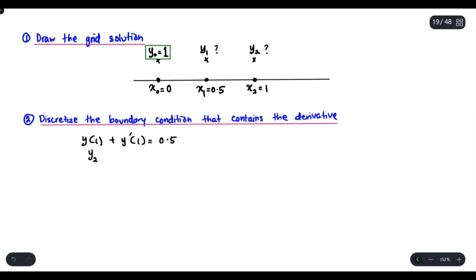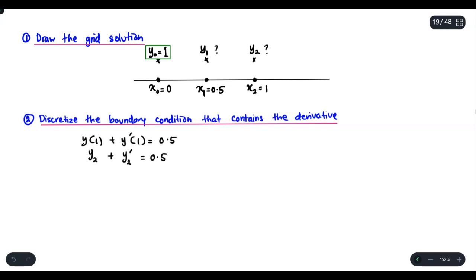Based on your grid here, x is 1 is here, and the corresponding y is y2. So y(1) in different notation is y sub 2. And y'(1) is the same, y2 prime, equals 0.5.